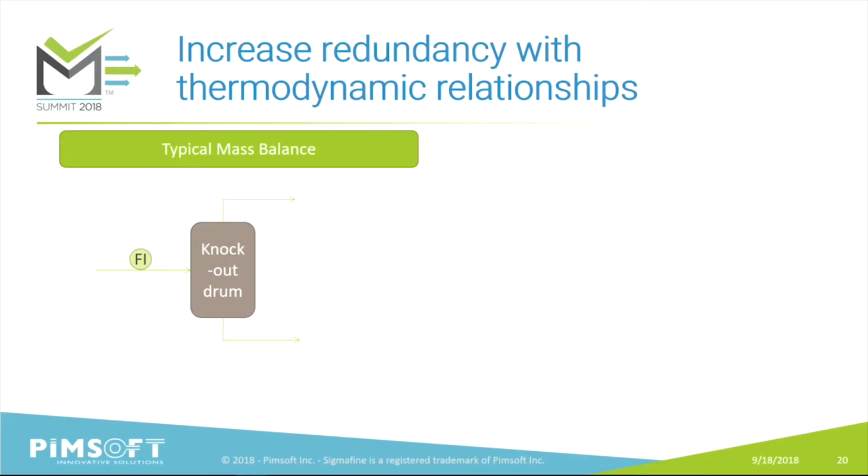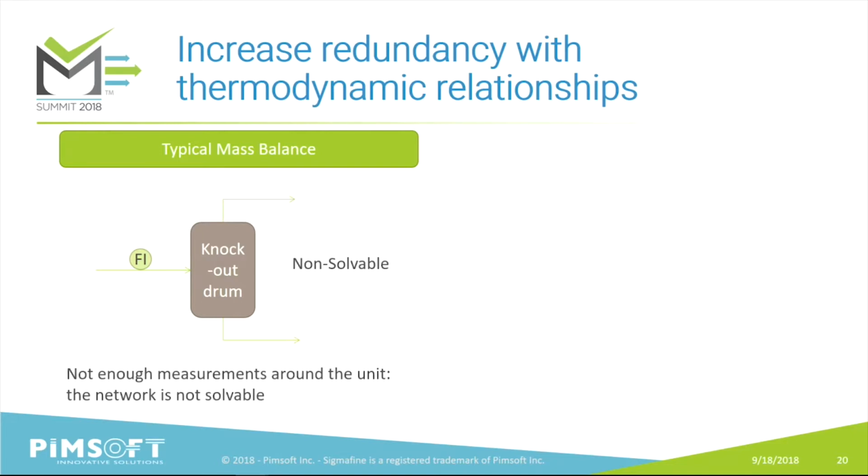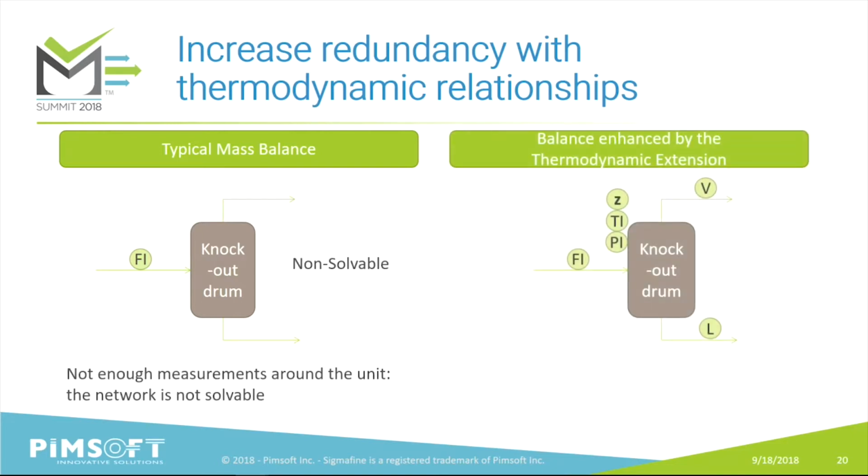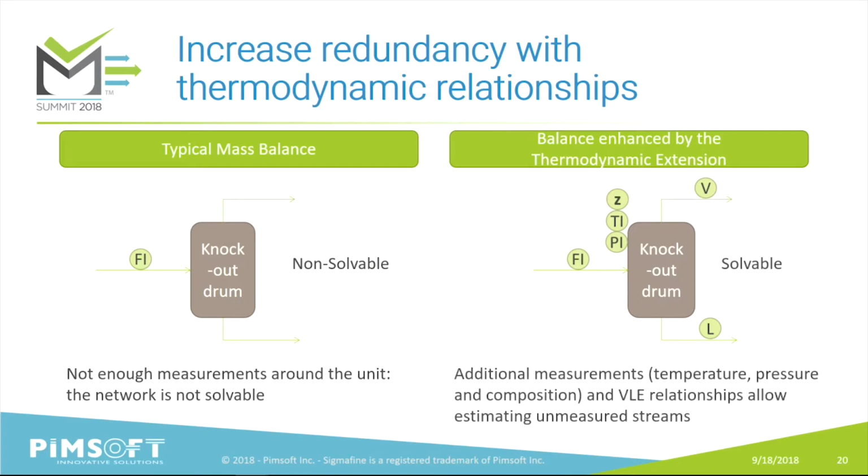And then finally, in terms of adding redundancy, in the case of energy efficiency, in order to estimate the degree of vaporization, we are using temperature, pressure, composition, and vapor liquid equilibrium.